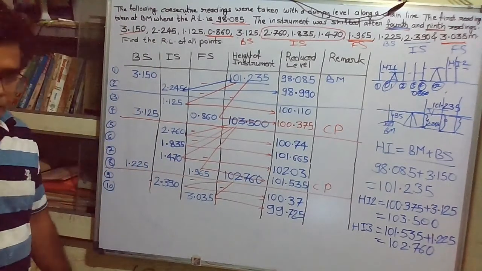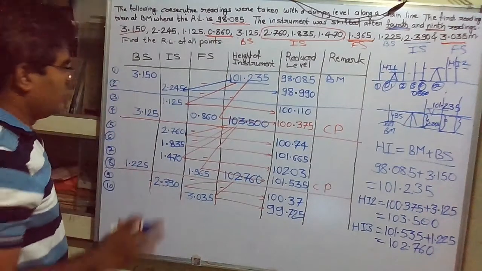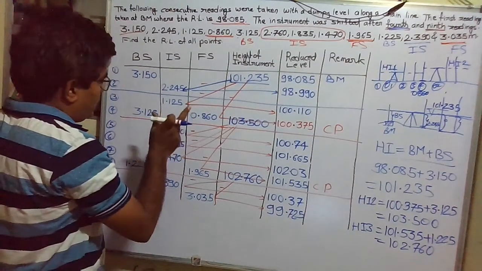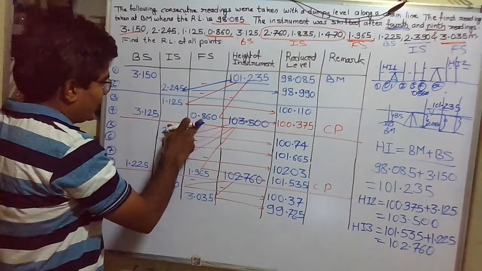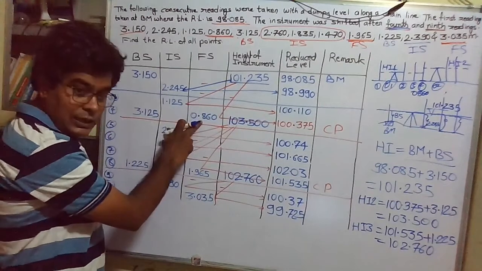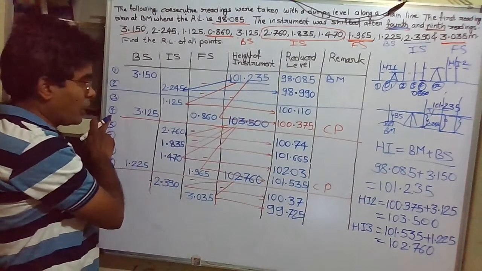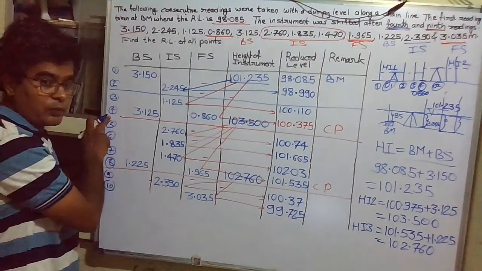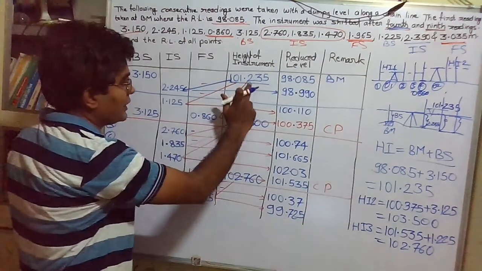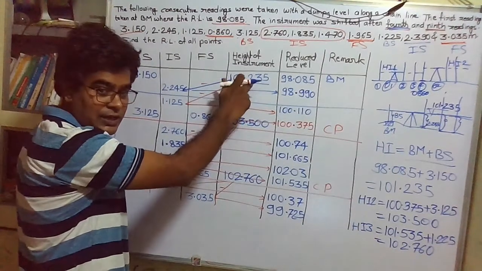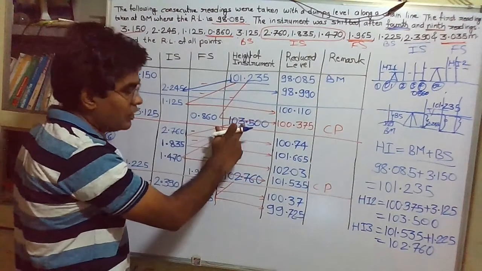One thing you have to keep in mind: backside and foresight readings we write in the same column. How do we calculate the RL of a point? Here we calculate the RL of point 4 by subtracting the foresight reading from the previous HI. And how do we calculate the new HI?